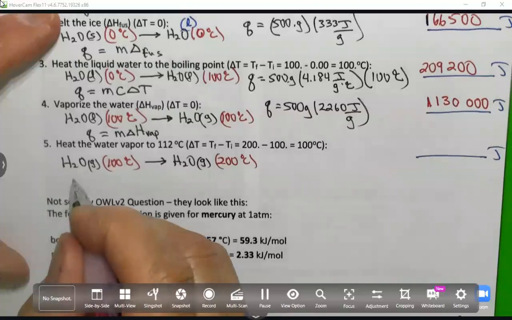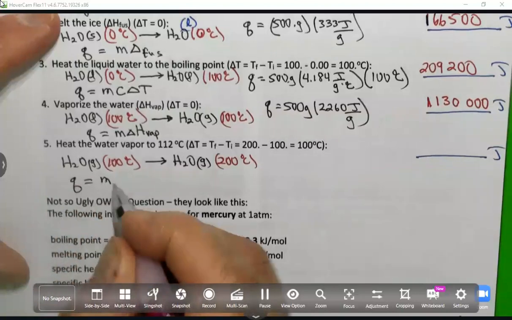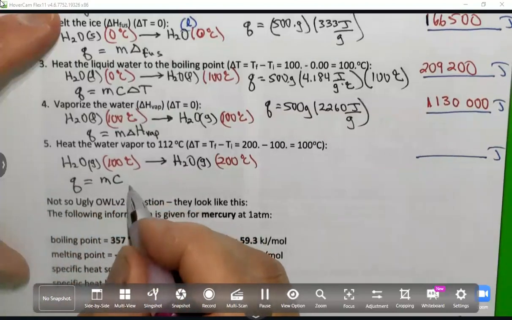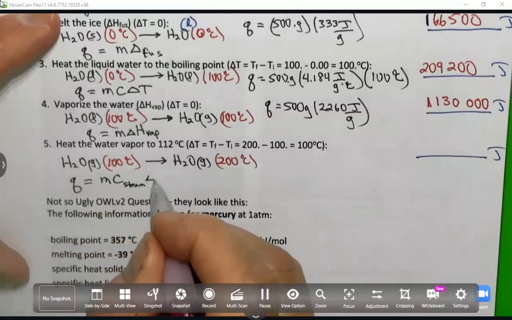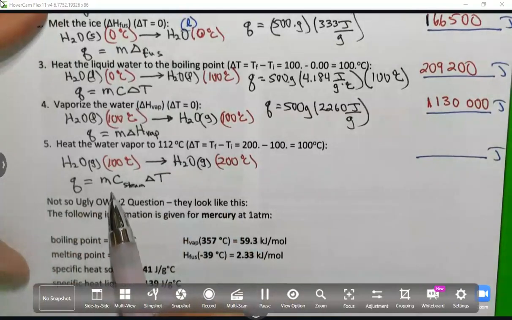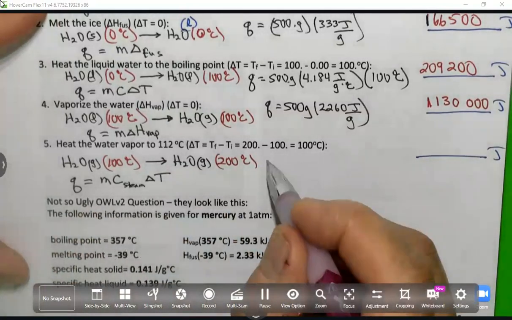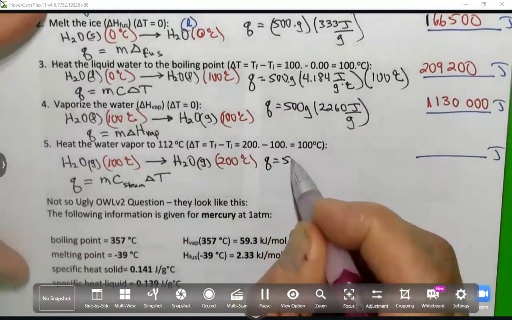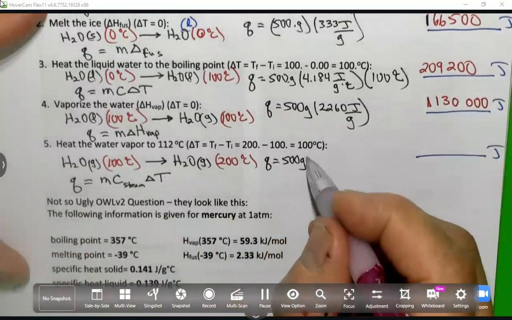And to do that, this is going to be Q is equal to mc of steam delta T. Again, a different specific heat. We have H2O gas. So Q is going to be 500 grams.